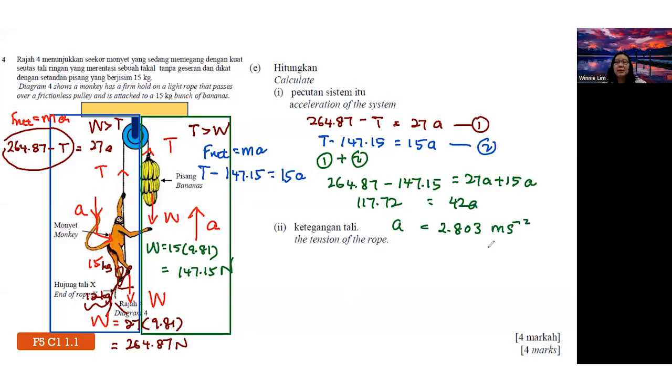The unit for acceleration is meter per second per second. Then to get the tension, you can just substitute the value of A into any of the equations. So I can substitute A into equation 2. Hence I will have T minus 147.15 equals to 15 times 2.803.